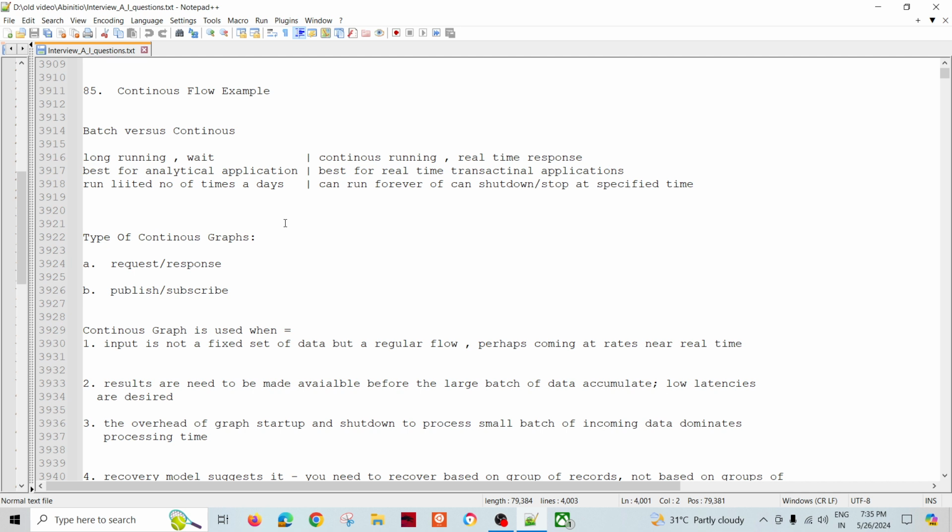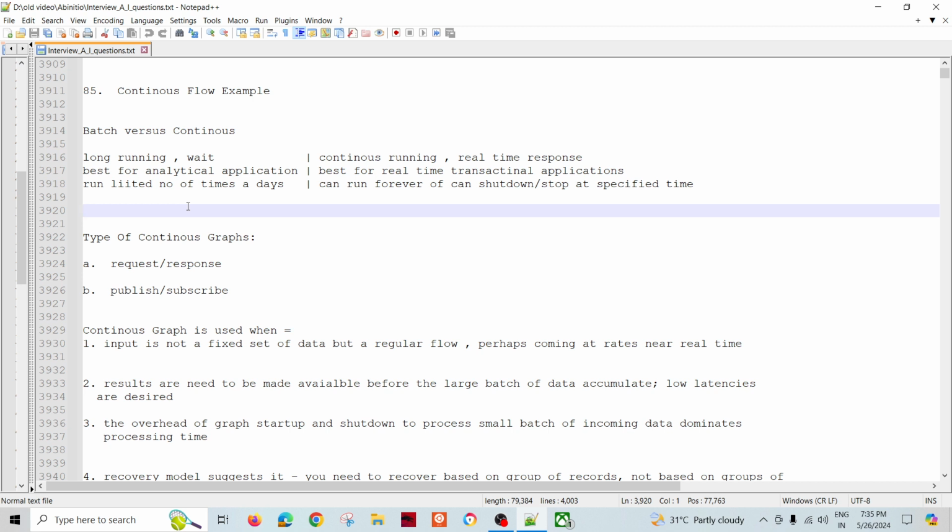We have millions of records to be processed, so in those use cases we use long batch graphs, and there is a lot of waiting time involved. Mostly the processes are daily processes, or some of them are weekly processes.